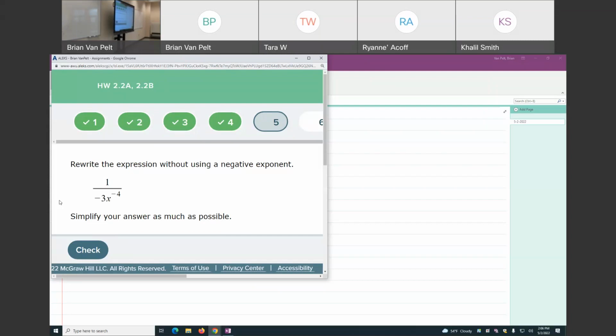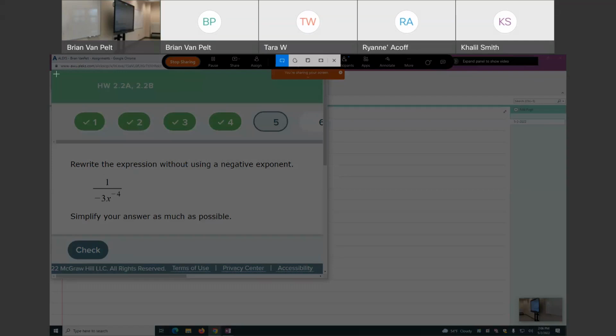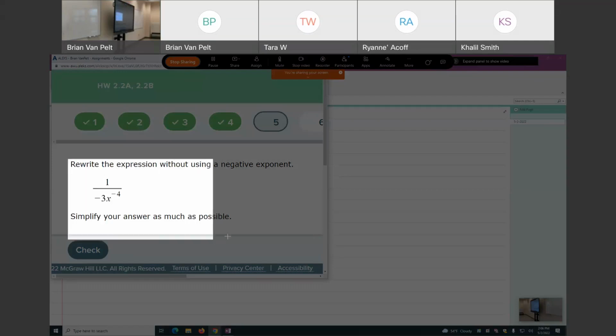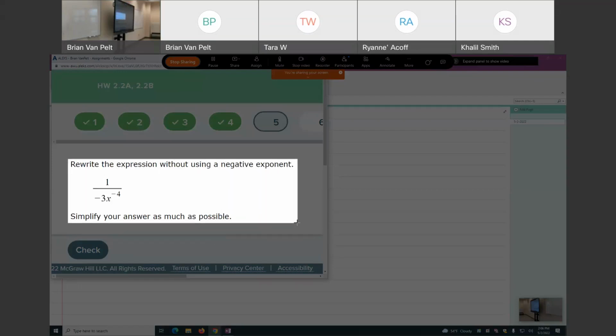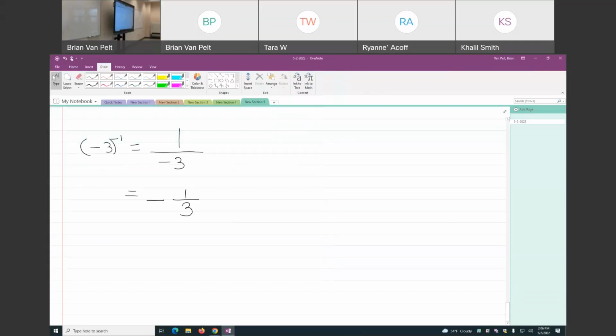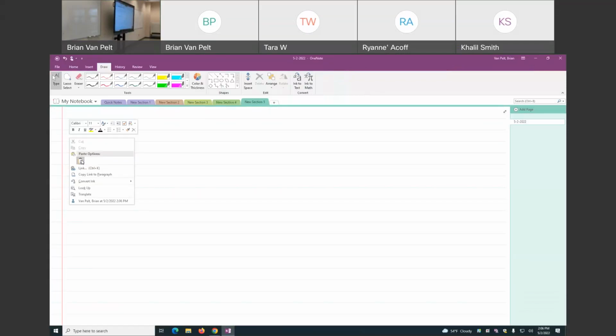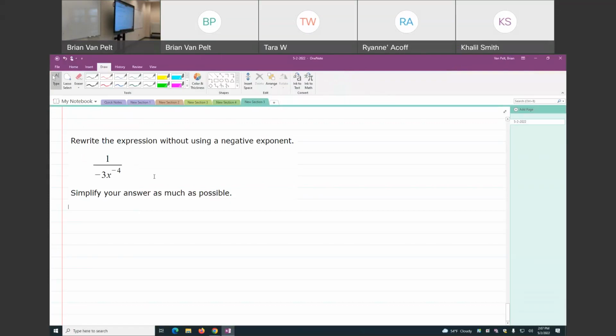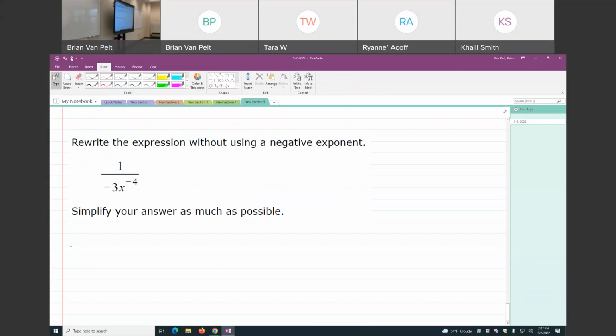You push it up to the numerator. I never know the exact phrase to put it, but it changes levels. However you want to think about it, it moves up or down. I cannot come up with a good phrase for that. Flip makes it seem like it's going upside down. In my mind, that's what I think of anyways.